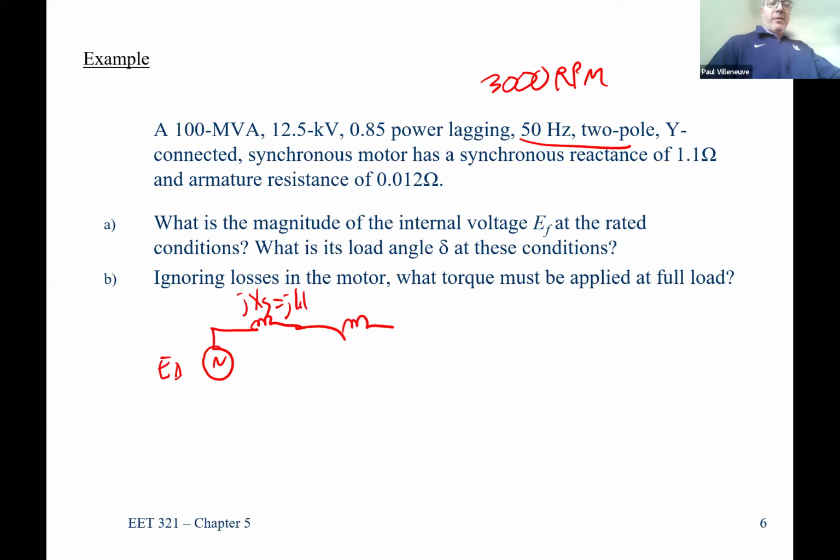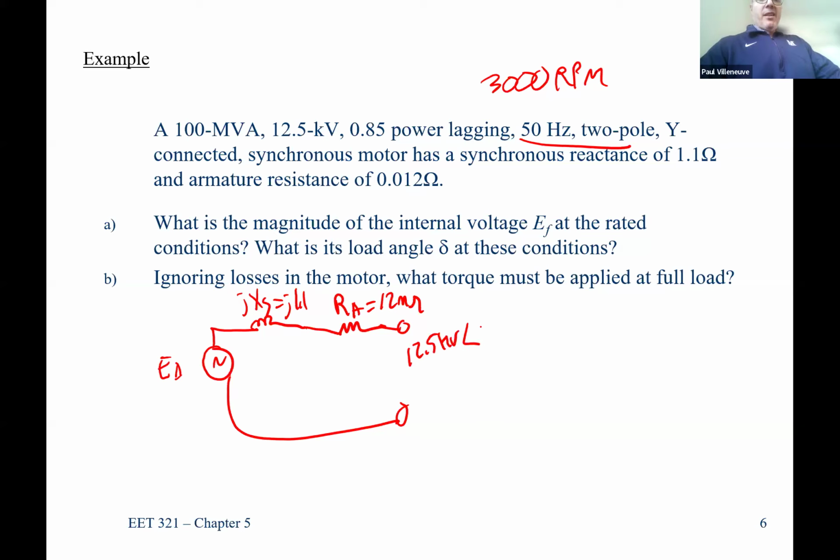I should draw that as a resistor, which is equal to 12 milliohms. And here's my terminal. It's Y connected. But remember this, the equivalent circuit that I have here is a single phase representation of this machine. So this is 12.5 kV at an angle of 0 divided by the square root of 3. Right? Everybody see that?